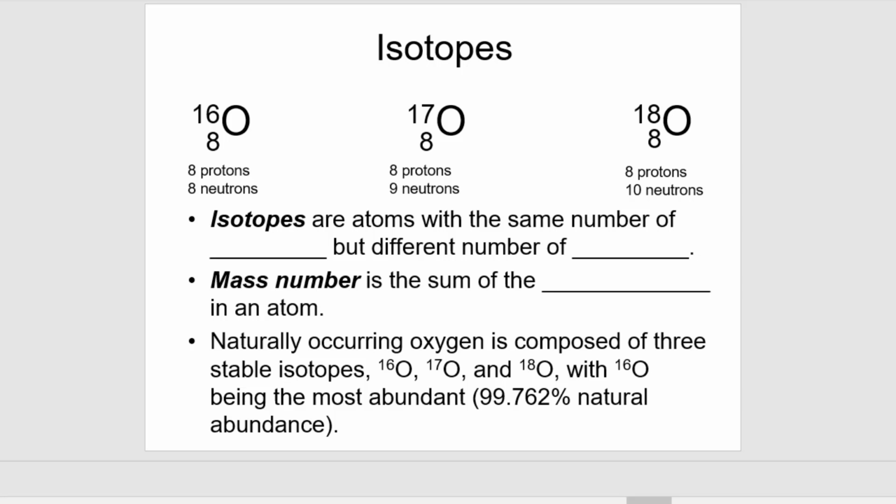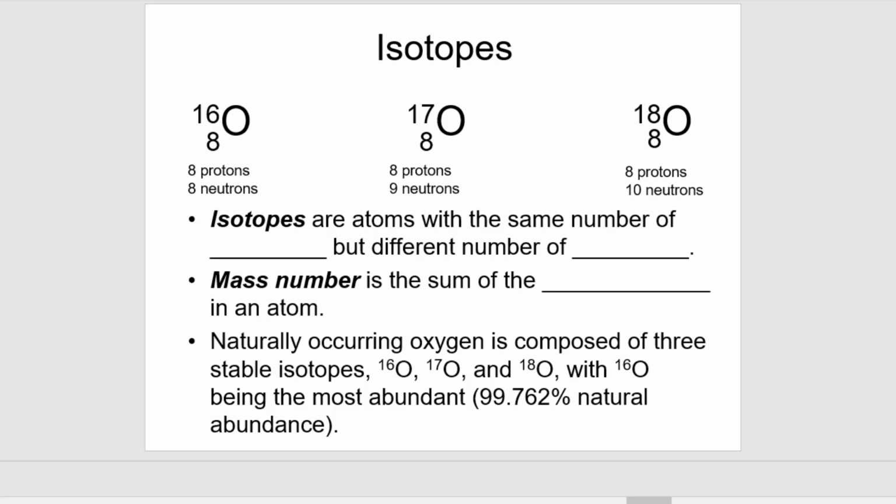Protons cannot change unless you're actually talking about a different element. That's what makes it the element. Neutrons and electrons, though, can vary. When the neutrons vary, we call this isotopes of an element. And because the neutrons weigh something significant, different isotopes have different masses.